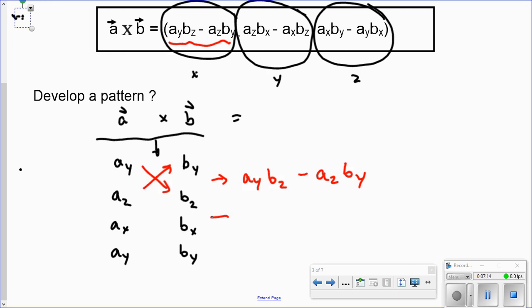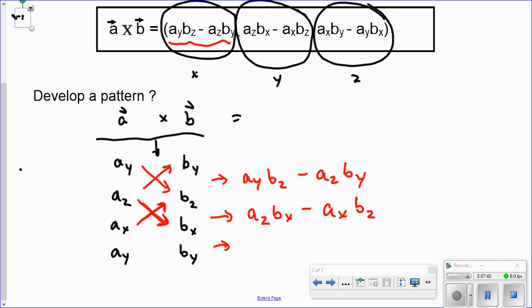Okay, my next component, my Y component, is found by making another X across, right? So that would be AZ times BX, subtract AX times BZ.